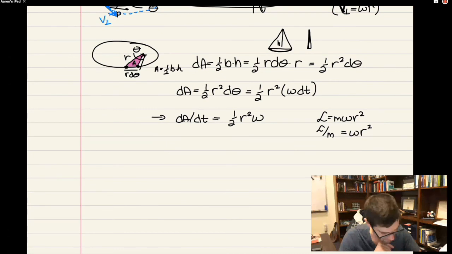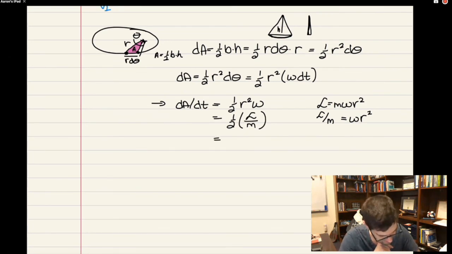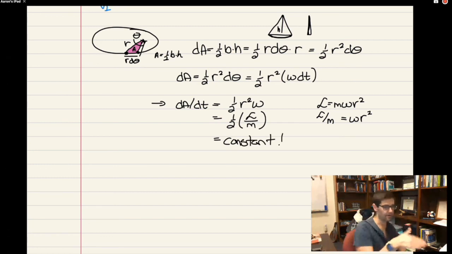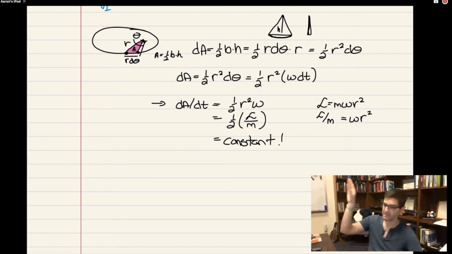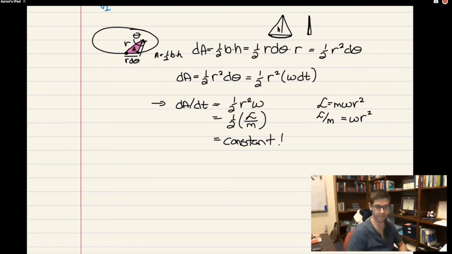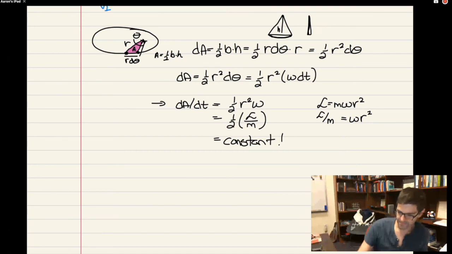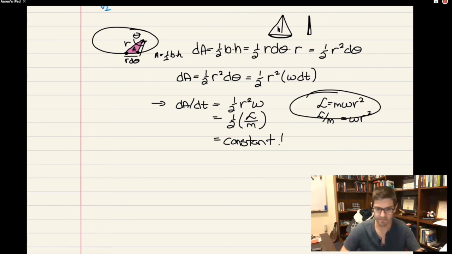But lo and behold, that is exactly what is written here, so I could replace this with 1/2 angular momentum divided by m, which is indeed all a constant. So the amount of area being swept out every dt is a constant, no matter if you're close to the star or far away from the star in the orbit. That's the whole idea with equal areas in equal times. Really, I think the more useful version of this is that the closer you are to the object, the faster you move.